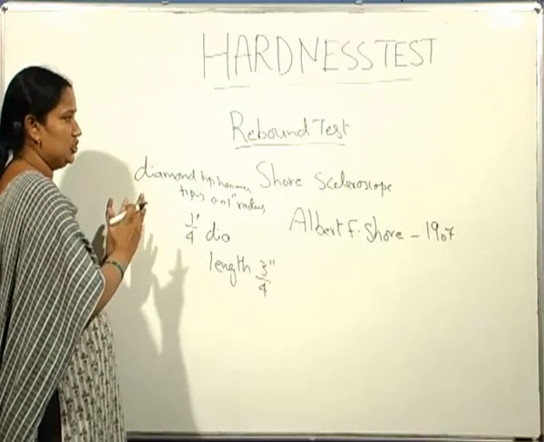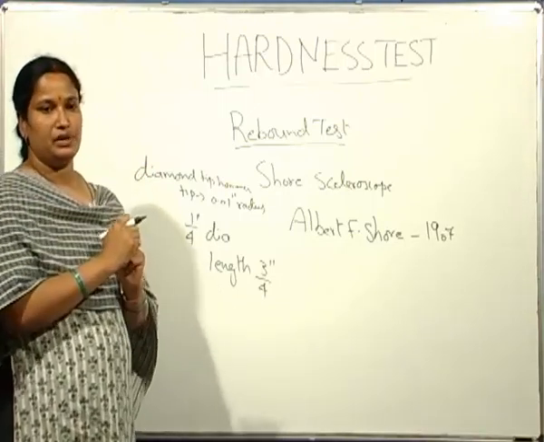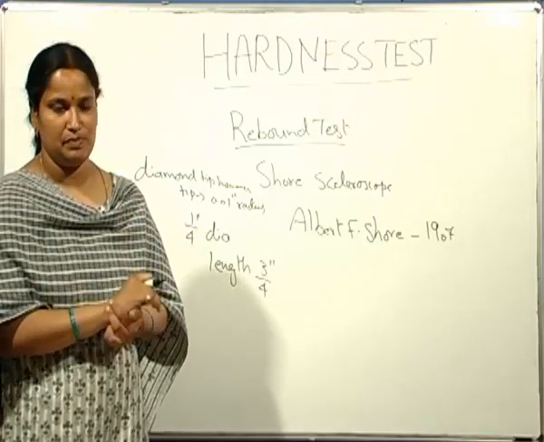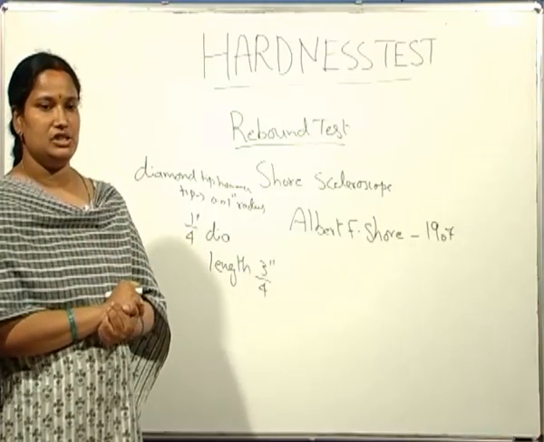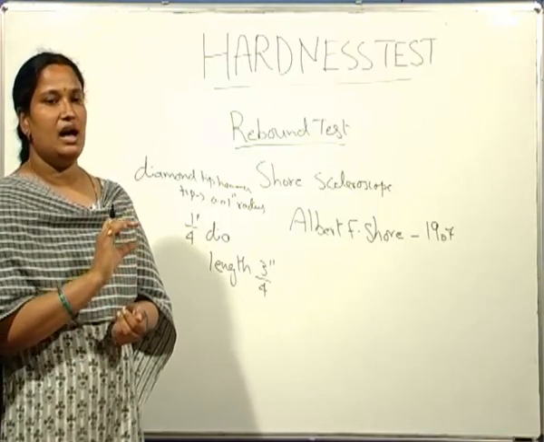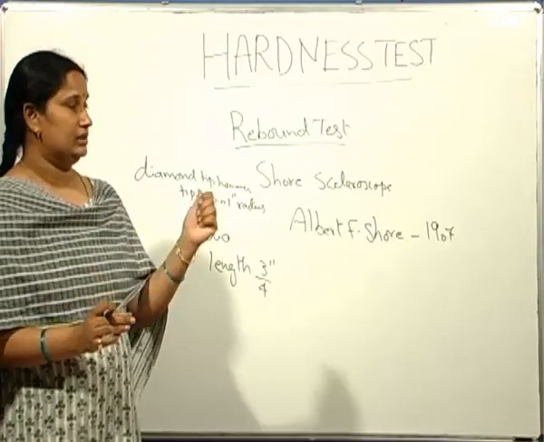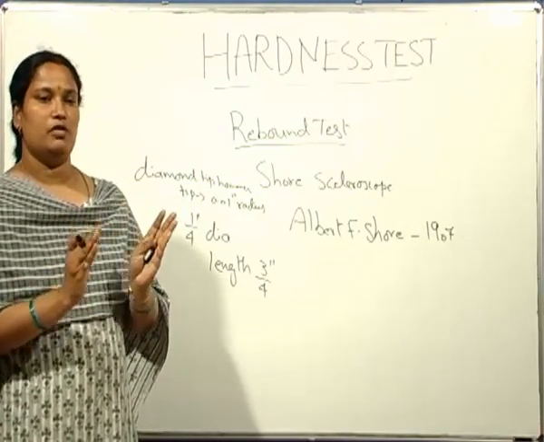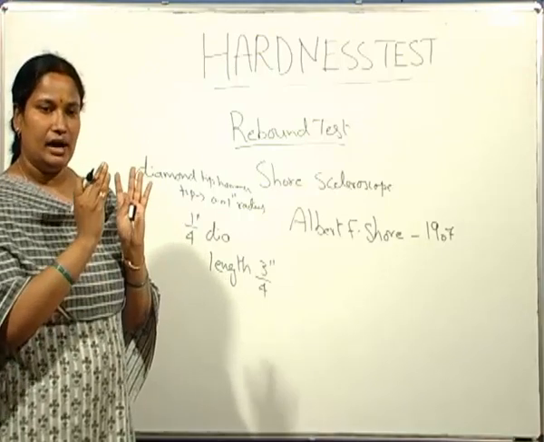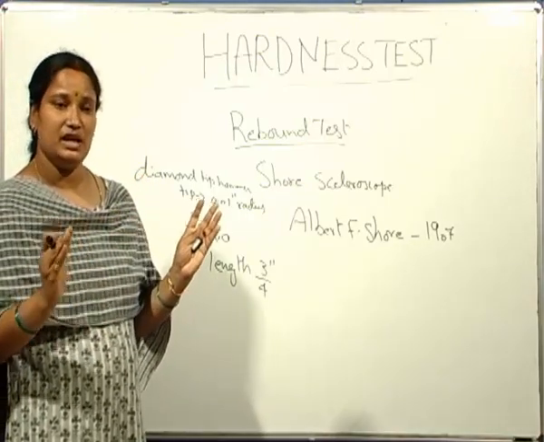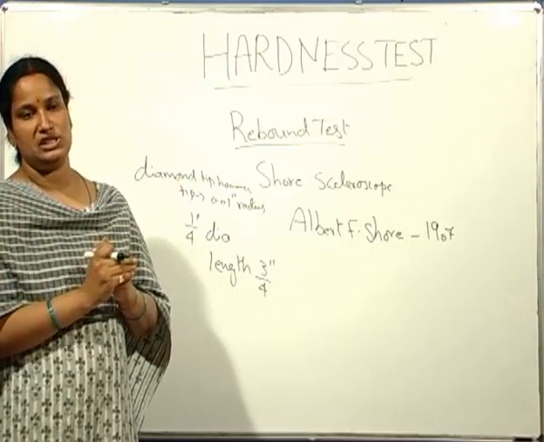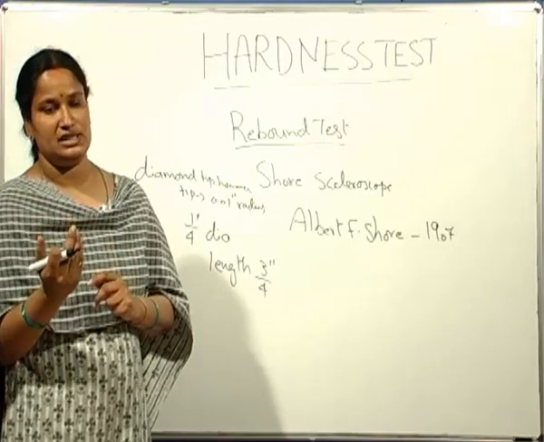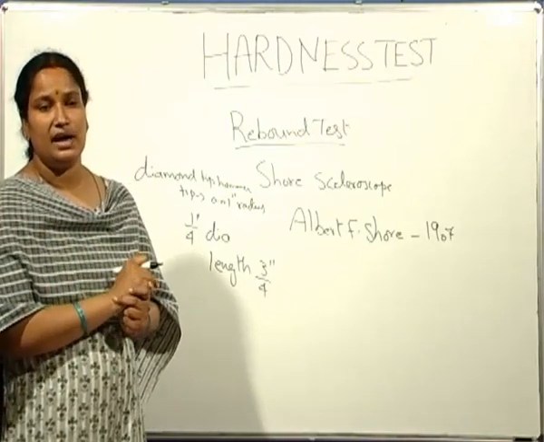So the main application of this Shore scleroscope is that it does not give any impression or mark on the specimen. So for certain applications where impressions or marks cannot be tolerated, this test can be used. Moreover, this test is also used to determine the hardness of very large forgings, as well as when a number of quality checks are to be conducted on large samples.